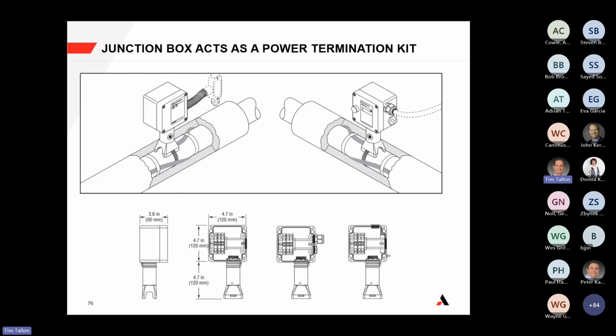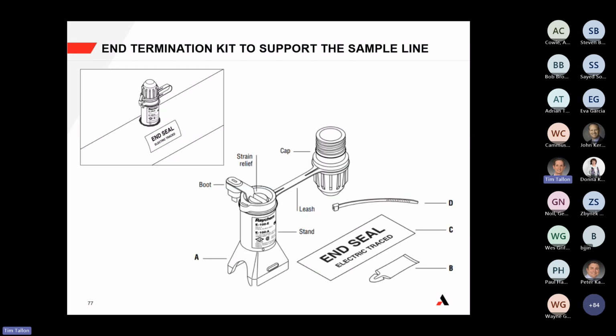And this is just one example. We typically use a certain type of sample line all the time, and this is their electrical termination for the power. Yeah, thank you. And then if we were to look at just the end termination kit, this is one example that we use every once in a while.